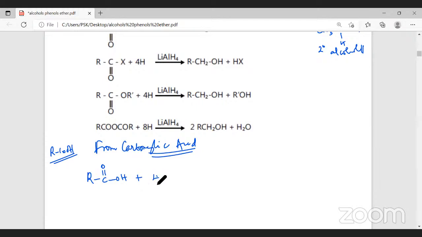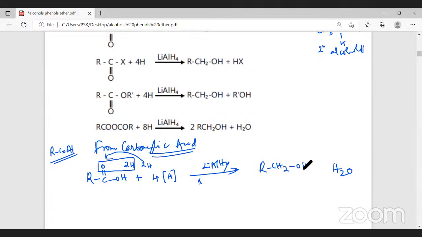When you reduce this using lithium aluminum hydride, again a strong reducing agent, reduction is addition of hydrogen. I will write the four hydrogens as 2H and 2H. When you heat this, two hydrogens and one oxygen get eliminated as water. In place of this oxygen, two more hydrogens go. So I get RCH2OH, which is a primary alcohol.